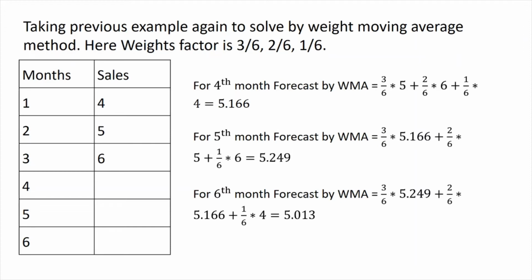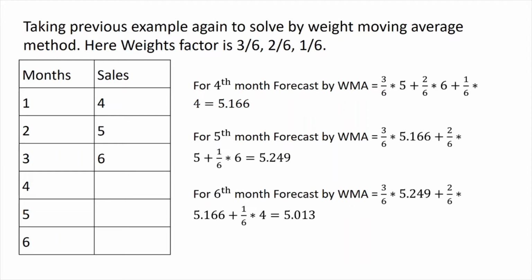Here we can see an example. In the table, 4, 5, 6 is the last 3 months of data of a company. So we will find the next 3 months' forecast. For the 4th month forecast, we will use the formula and the weight factors. The value of W1 is 3/6, W2 is 2/6 and W3 is 1/6.